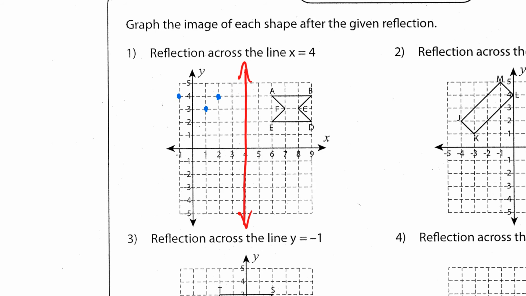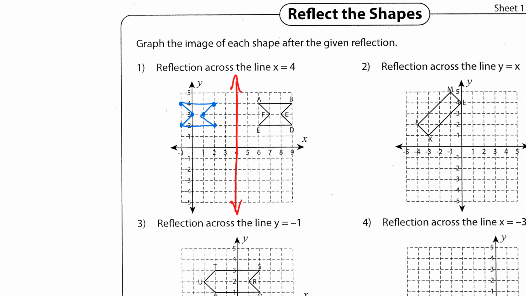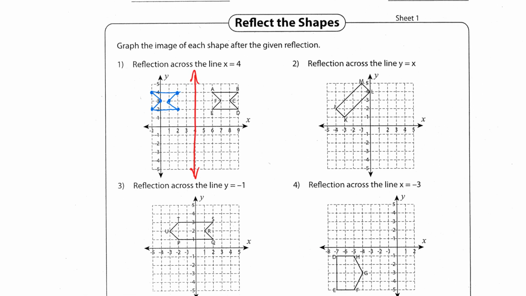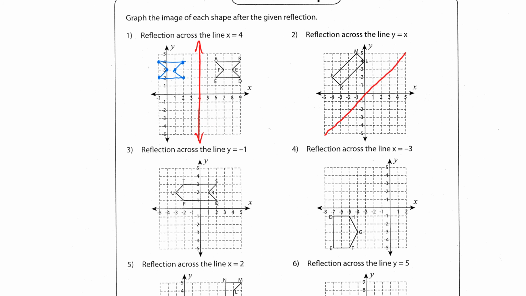F is 3, C is 4, E is 2, and D is 5, so it's going to look like that. On number 2, the line y equals x is this line right here. On number 3, the line y equals negative 1 is this line right here.